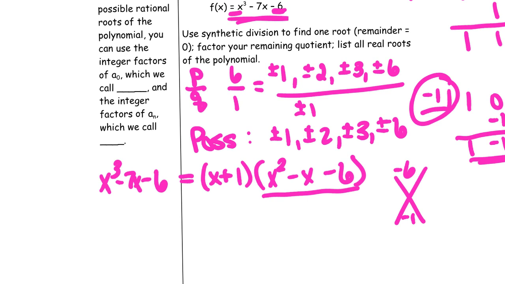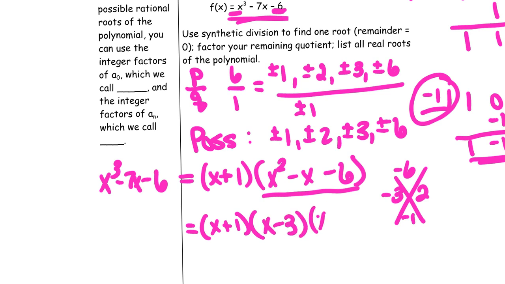Negative 3 and 2. Love it. So that means we have a factor of x plus 1, we have x minus 3, and we have x plus 2. We don't have to do any of the grouping because the leading coefficient right here is 1. So those are our factors.